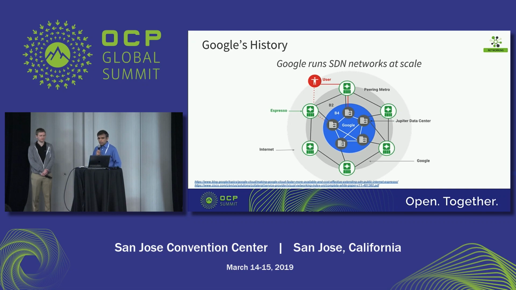Google's SDN network. Google is in the second decade of running SDN networks. We've had tremendous success at various topologies. The very first truly SDN fabric is called B4.